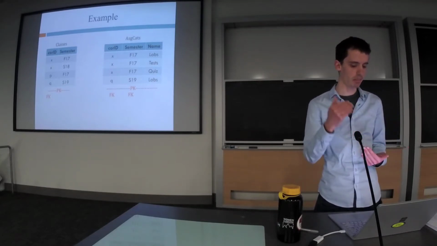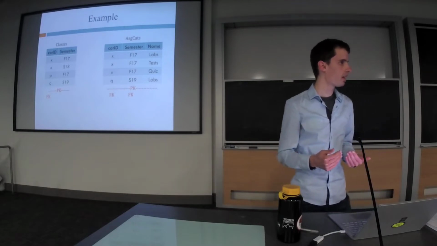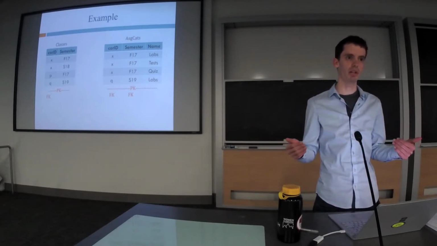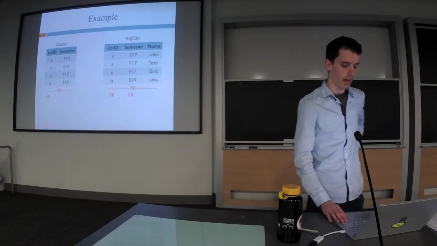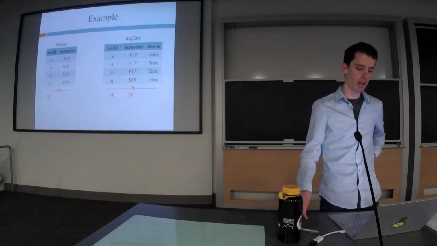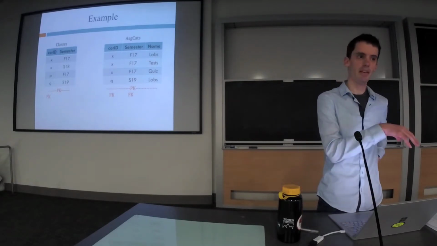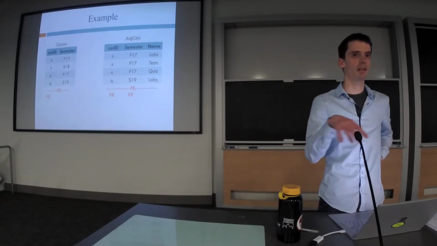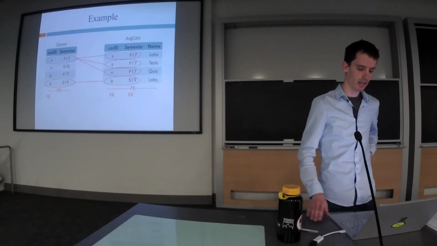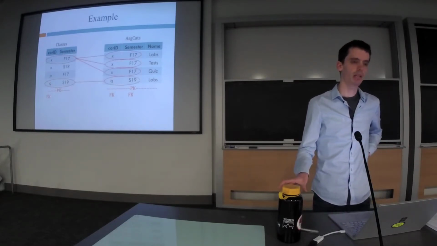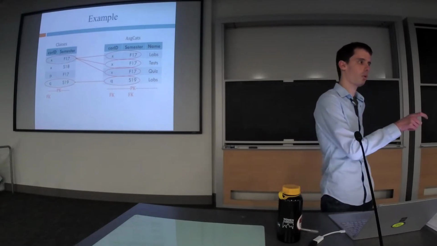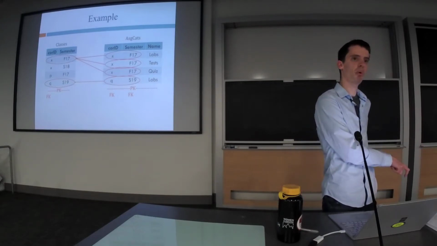So I can have labs, tests, quizzes. The combination of the three needs to be unique. But the foreign key comes from the fact that it's a weak entity set and it had to pull in those to make up its key. So basically, these two things combined are pointing to two things combined from the supporting relationship.